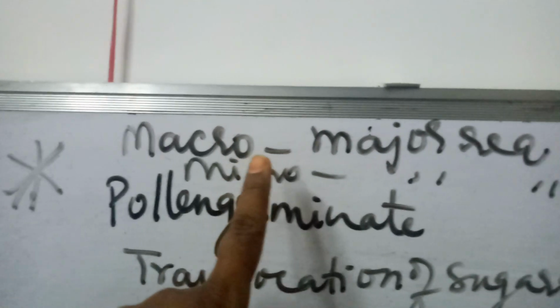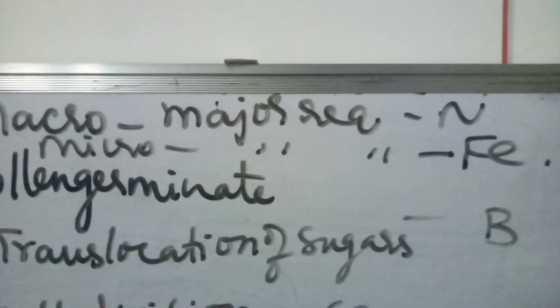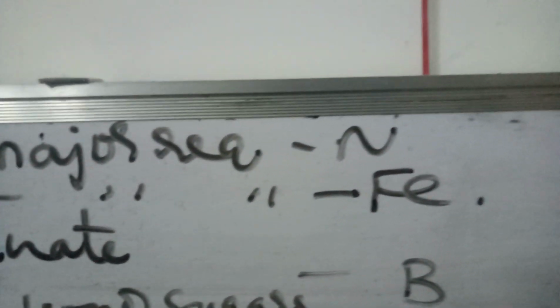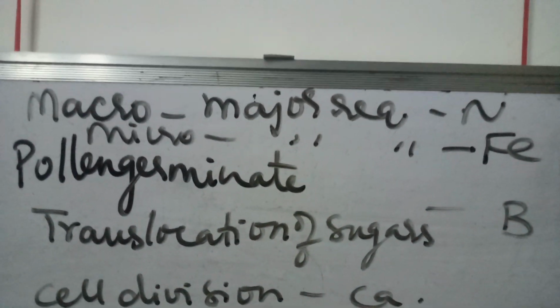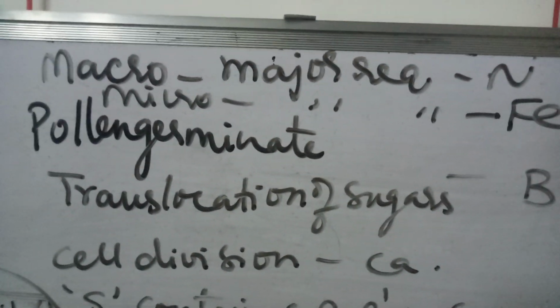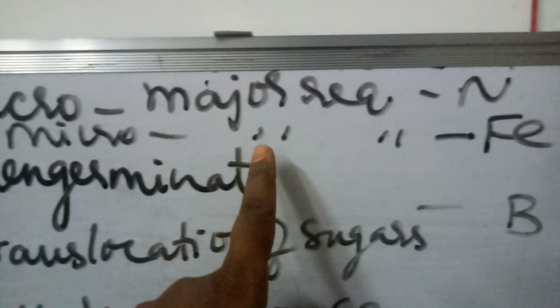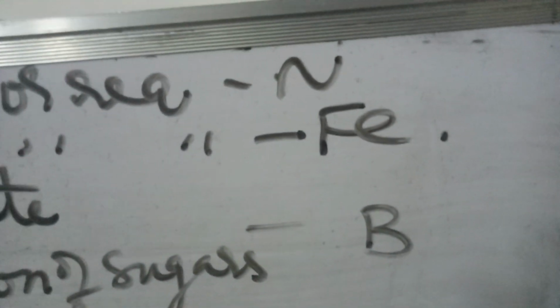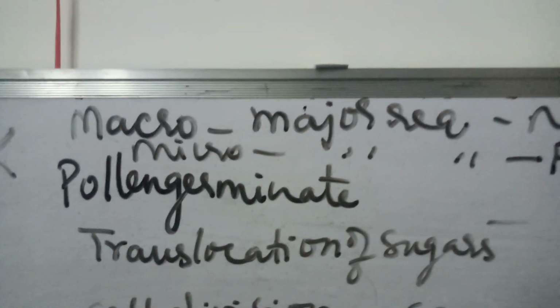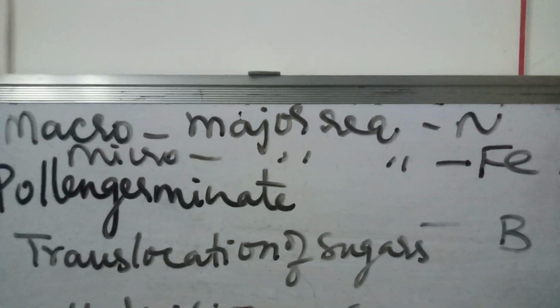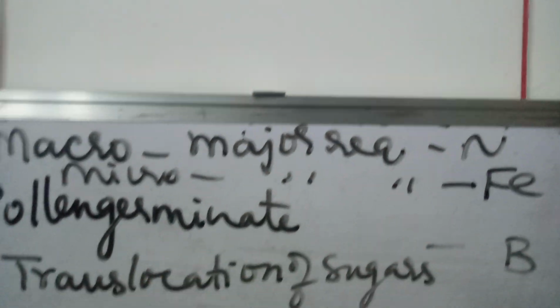In macronutrients, the greatest requirement is nitrogen. Among all micronutrients, the one majorly required by plants is iron, because chlorophyll synthesis occurs because of iron.